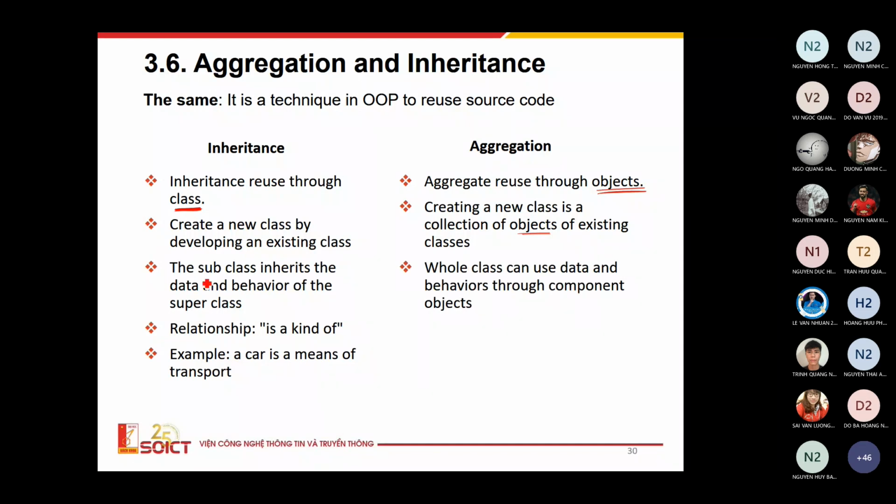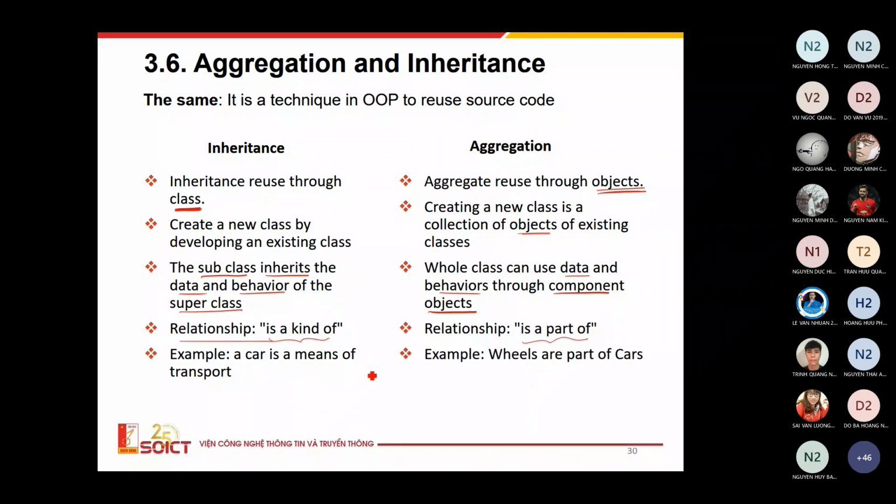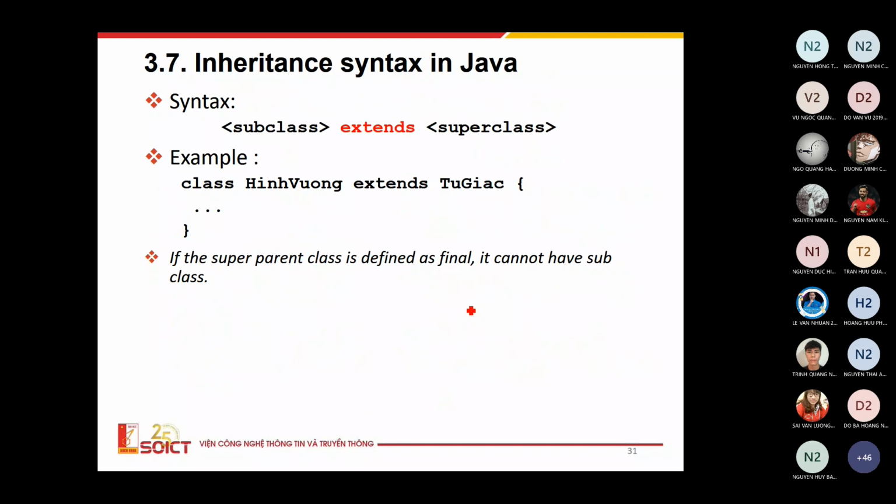A subclass will inherit the data and behavior from the superclass, and in the aggregation, you can reuse the data and behavior through the component object. For inheritance, you have the relationship is a kind of, and for aggregation is a part of. For example, a car is a means of transport, and a wheel is a part of the car. So this is the summary of the difference between them.